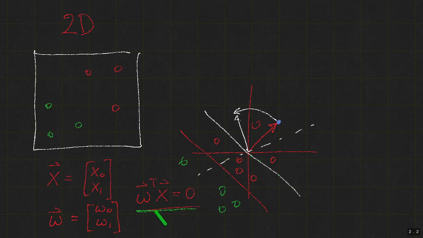So any vector x, which denotes a coordinate in the 2D system, that is perpendicular to our predefined normal vector to our hyperplane, means it lies on the hyperplane.